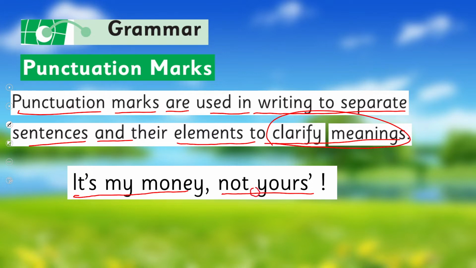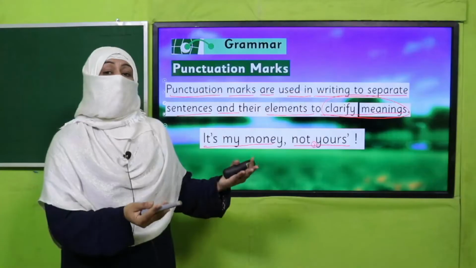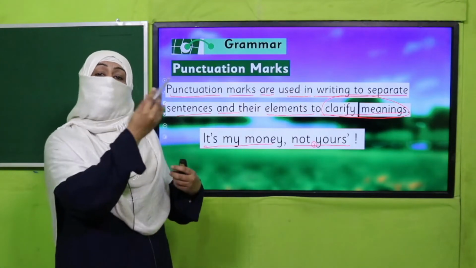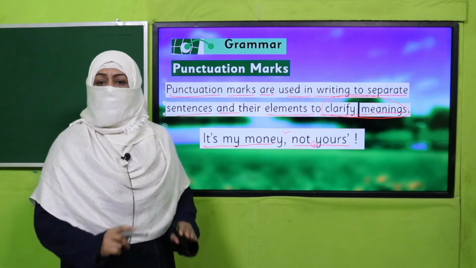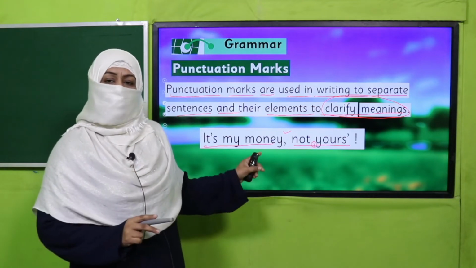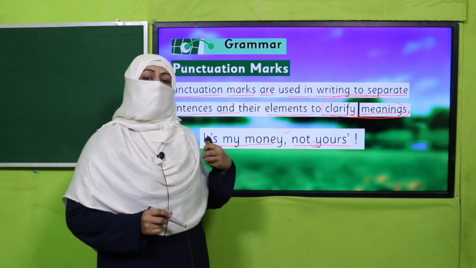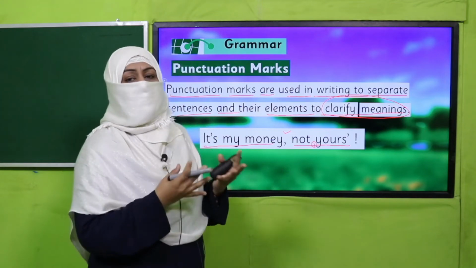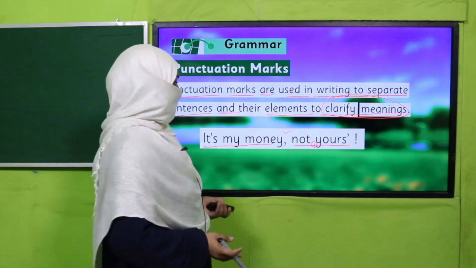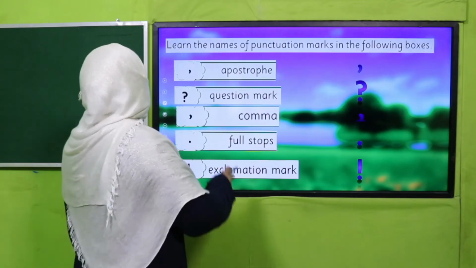If I put the comma here, yours, it means it's not my money, it's yours. While I want to say it's my money, not yours. So it is the right place to put the comma. So what we learned: if we place a punctuation mark correctly, we'll be able to express in writing what we want to say correctly, right?